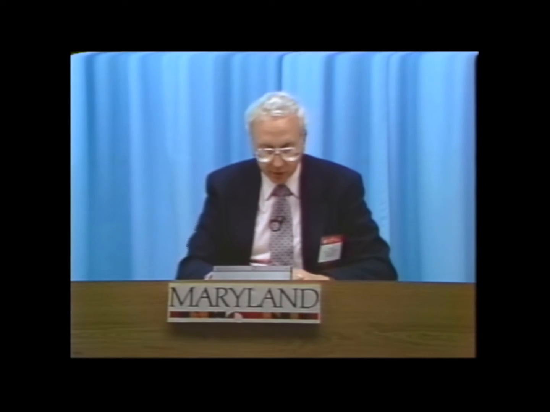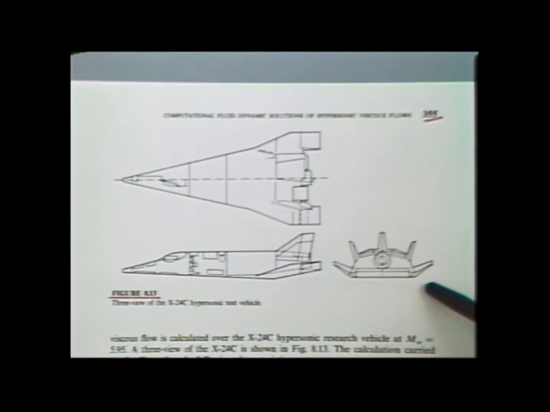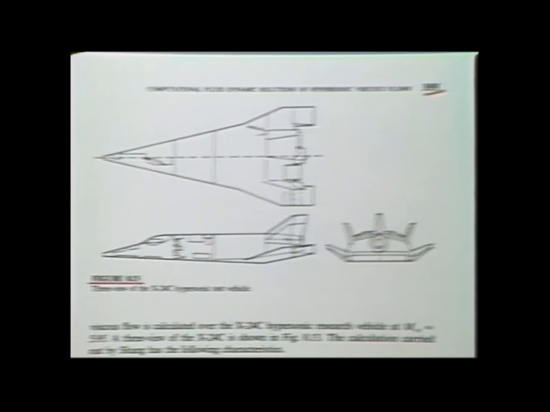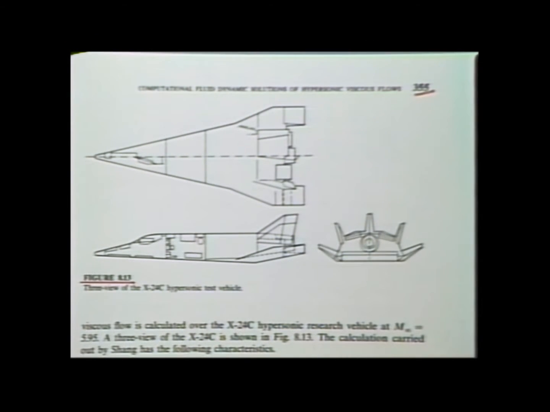The application for which we will make this will be a rather interesting looking hypersonic configuration, the X-24. Here's the X-24. Now, also what I'm going to show you happens to be a rather history-making calculation, because I'm going to show you the results which represent for the first time in history that the complete full Navier-Stokes equations have ever been used to solve for the complete whole flow field over an airplane configuration.